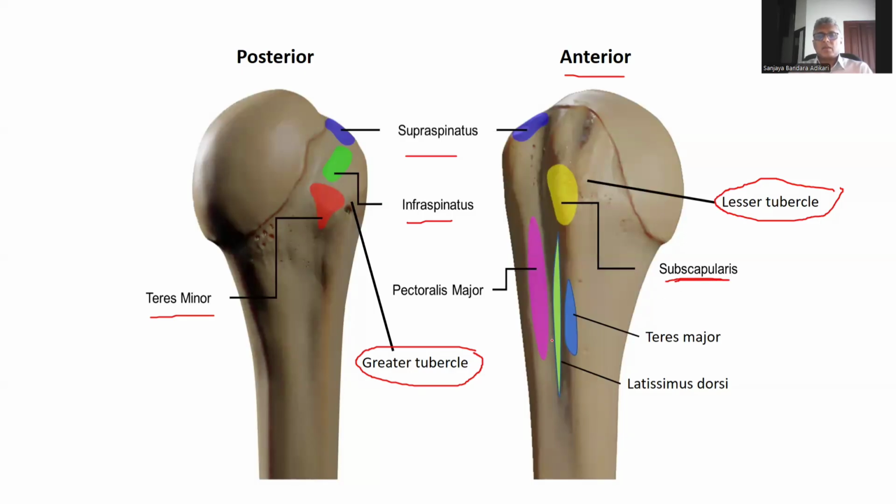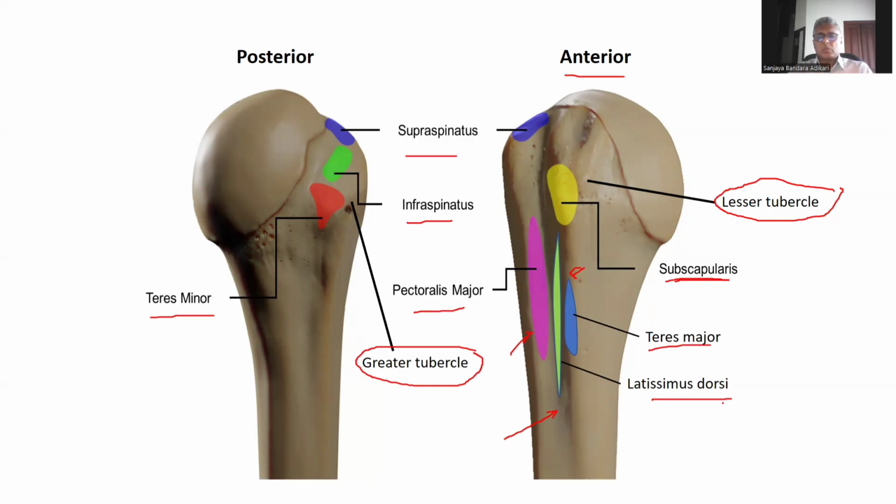Okay, then when it comes to the intertubercular groove here, or bicipital groove, with its lateral and medial lips, this is the lateral lip, and here it's the medial lip. To the lateral lip, pectoralis major is attached. To the medial lip, teres major is attached, and to the floor of the bicipital groove, latissimus dorsi muscle is attached.